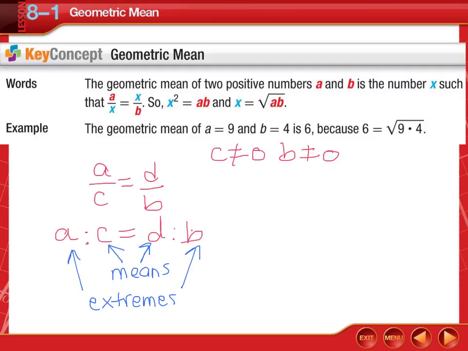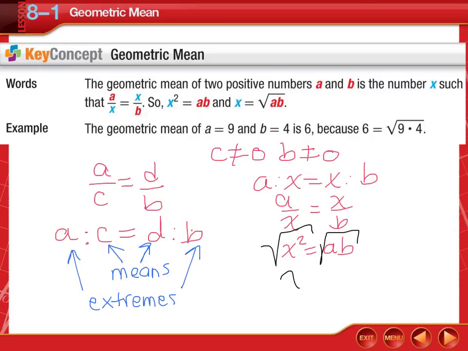And when that happens, you've created a geometric mean between A and B. So if we rewrite that, A is to X as X is to B, then we can cross multiply and we get X squared equals AB. Take the square root of both sides, and we have X equals the square root of AB. So the geometric mean is the square root of the product of two numbers.